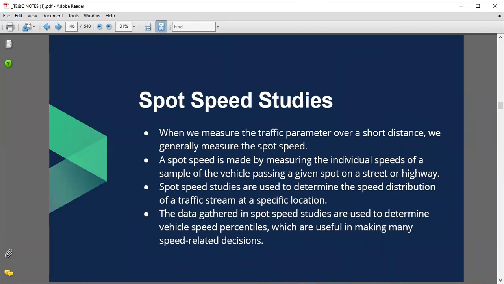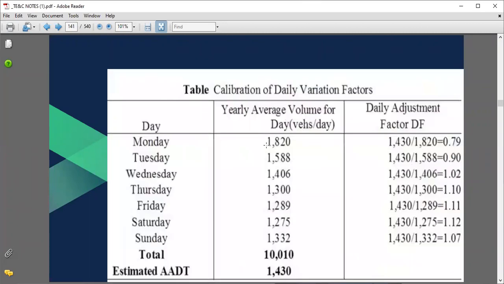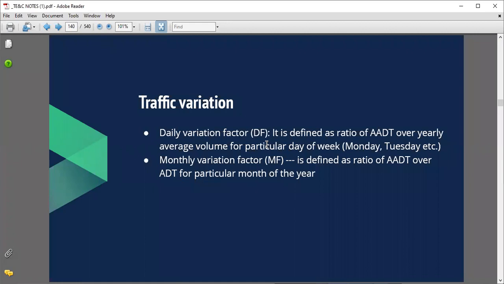Okay, in today's lecture we have completed the most important part: what traffic volume is, how to calculate it, and what the objectives of traffic volume are. We have also seen the traffic variation, and how to calculate traffic volume by the direct and indirect methods, and how these methods are useful.